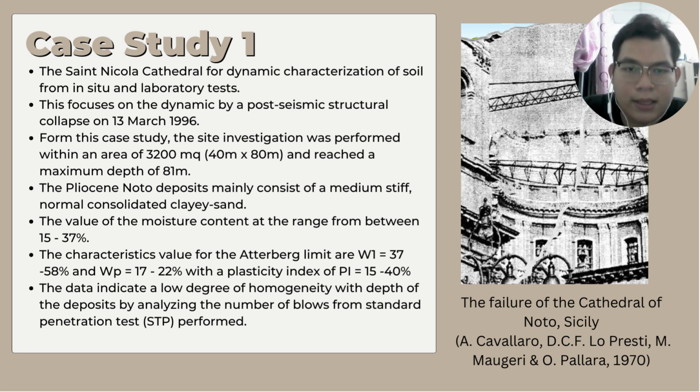The characteristic values for the Atterberg limits are WL 30 to 58% and WP 70 to 22%, with a plasticity index PI of 50 to 40%. These data indicate a low degree of homogeneity with depth of deposit, by analyzing the number of blows from the standard penetration test (SPT) performed.